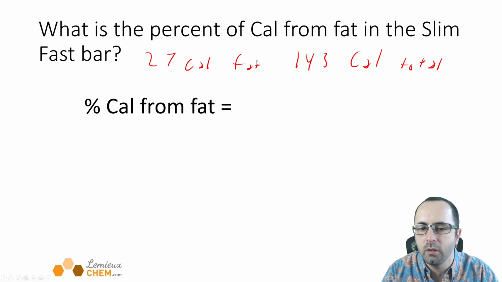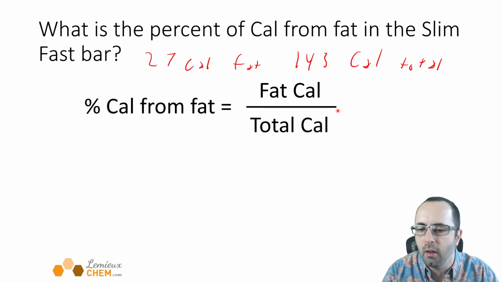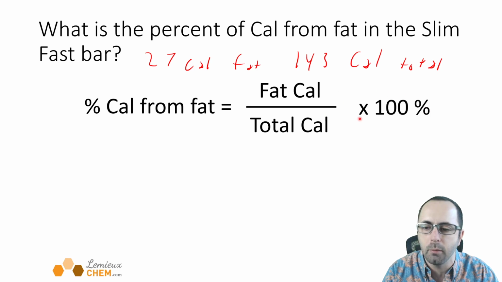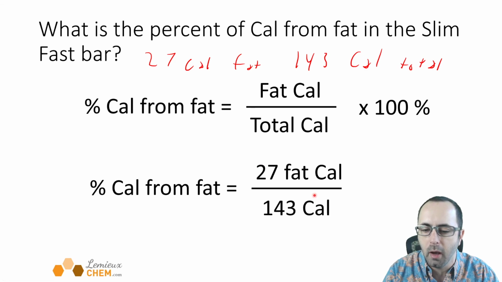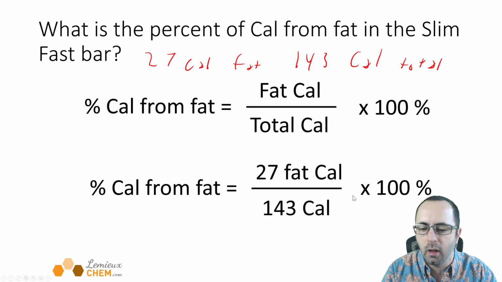So the part that we're interested in is the calories from the fat. That's going to go on top. We're going to divide by the whole thing, the total calories, and we're going to multiply times 100%. So percent of calories from fat is going to be 27 calories up here, divided by 143 calories down here, times 100% to make it a percent.